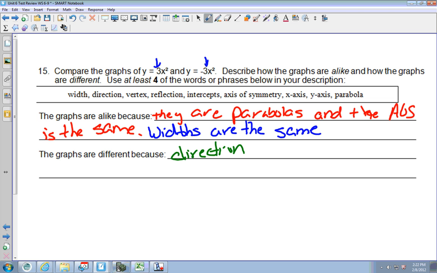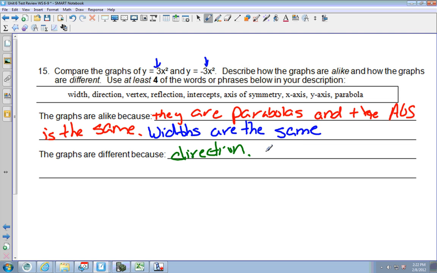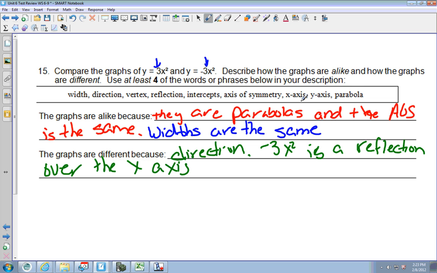And another good thing to point out is that the -3x squared is a reflection over the x-axis. Another thing that you could say was the same would be your x and y intercepts. They were both at 0, 0.